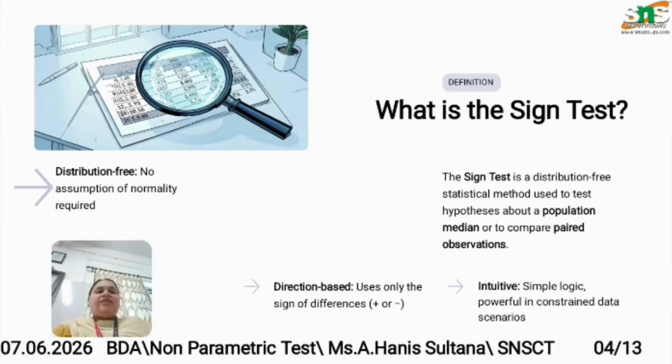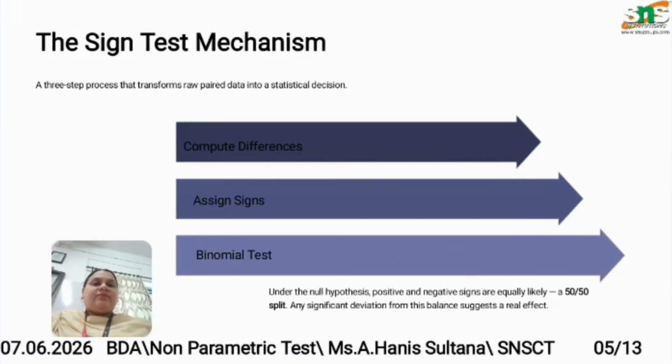This test is basically a direction-based test used only for the sign of differences. We denote it as either plus or minus. It is intuitive, simple in logic, and powerful in constrained data scenarios. This test is distribution free, that is, no normality test is conducted.